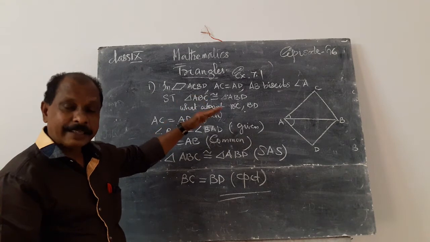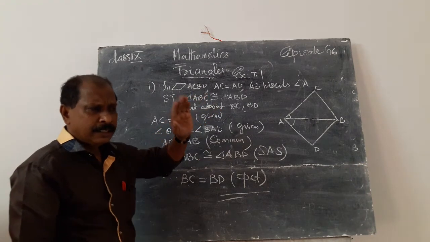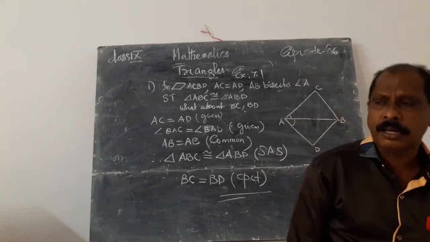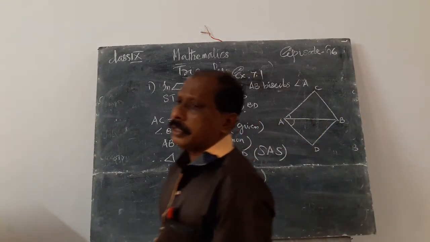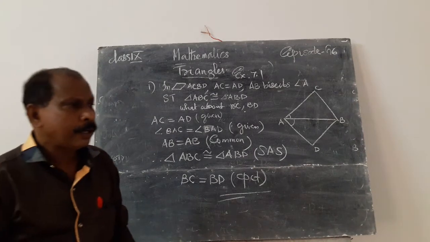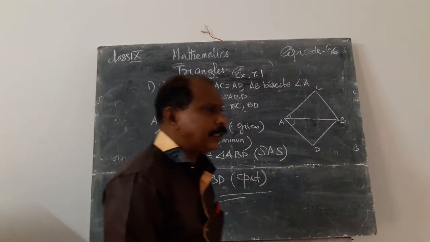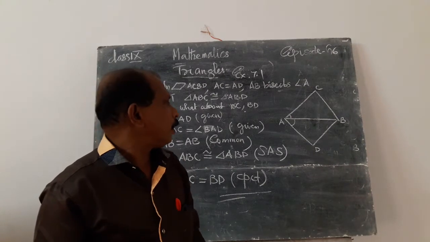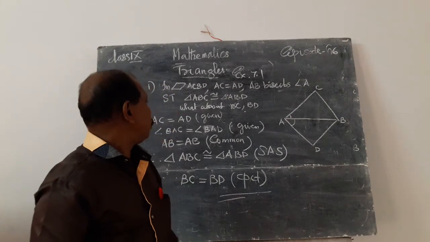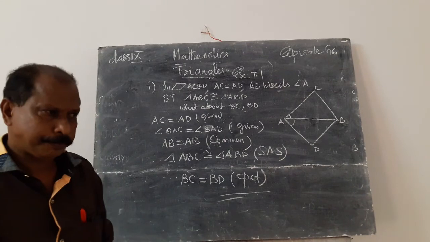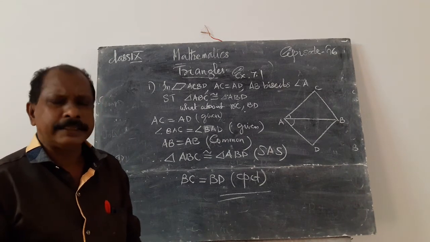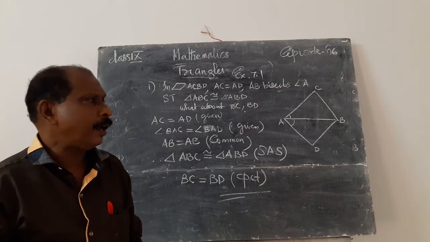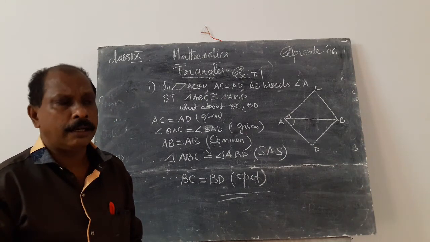It is always based on a theorem. Given that ACBD is a quadrilateral, AC is equal to AD, and AB bisects angle A. AC is equal to AD, that is given. AB bisects angle A, which implies angle BAC is equal to angle BAD.